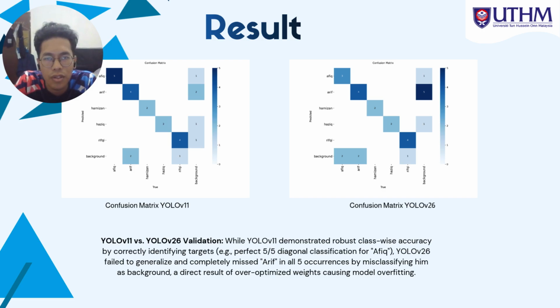As for YOLO v26, it failed to generalize and completely missed Arif in all 5 instances by misclassifying him as background, a direct result of over-optimized weights that caused model overfitting.